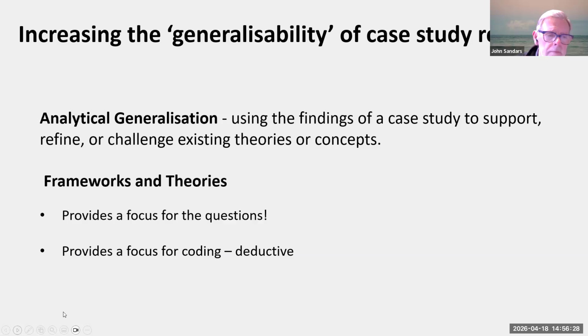The classical way is by using what's called analytic generalization, where you use frameworks and theories, because these provide a focus for the questions and also how you begin to code it. So rather than being inductive, you are deductive with a particular focus.